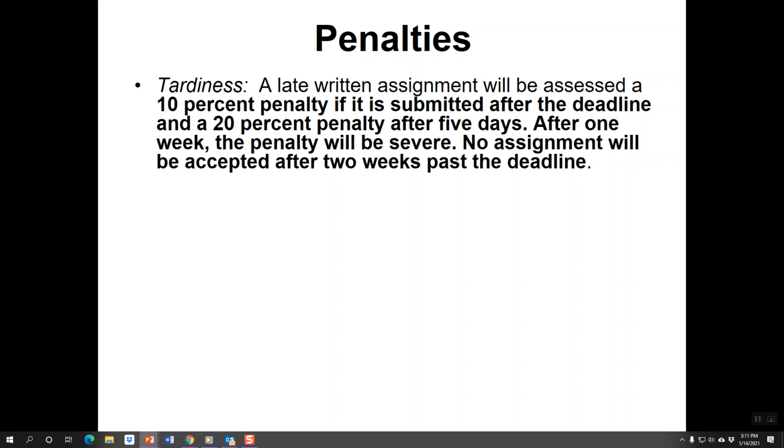After 5 days, the penalty is doubled. And after 1 week, oh my, the penalty is so severe that I hesitate even to tell you how bad it is. And no assignment will be accepted after 2 weeks past the deadline. All right, so please know I'm very serious about your getting your written assignments in on time.